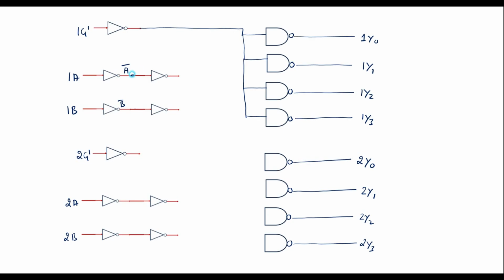So this is A bar, and another input is B bar. See that A bar, B bar, because of this complement we have bar, that is nothing but Y naught. So Y naught is equal to A bar B bar, complement.